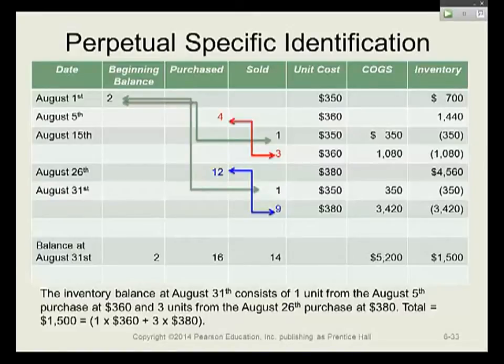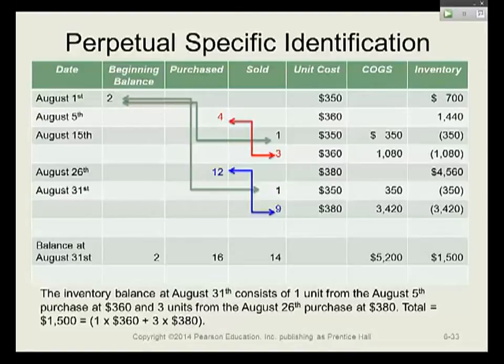So this slide also gives you the breakout of the composition of the ending inventory. Starting September 1st, your beginning inventory would show 1 unit at 360 and 3 units at 380. So your ending inventory of August becomes your beginning inventory of September, and that carries over.